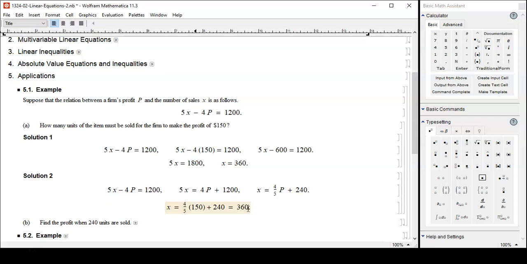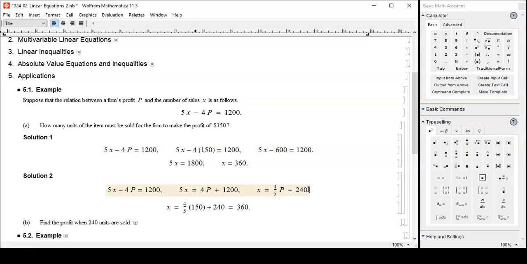Now, if you have just one number to plug in, the first solution is going to be easier. Just work out this equation with numerical values. But if you have to plug in not just 150, but many different P-values, say 6 of them, then you have to solve an equation 6 times.